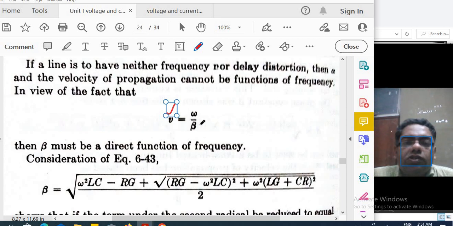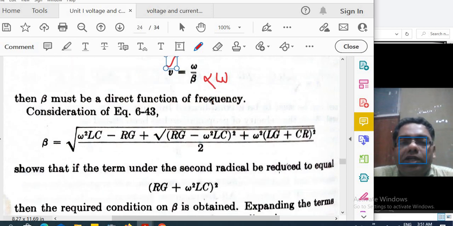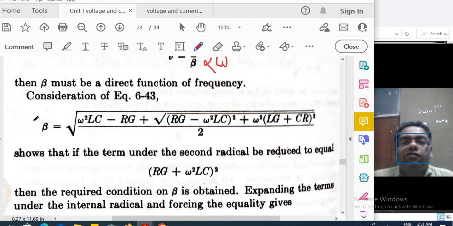This is possible only if beta is a direct function of omega, say omega into something, so that omega will cancel and velocity will become independent. How can this be done? You see the expression of beta.